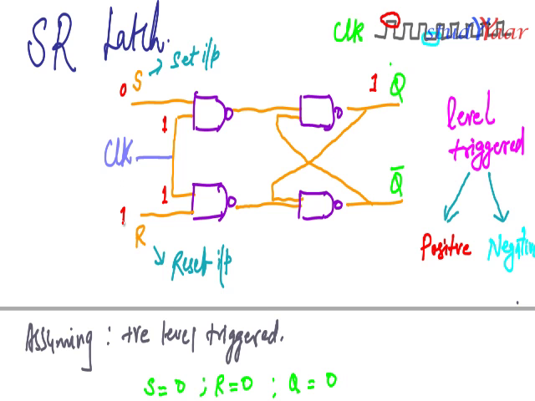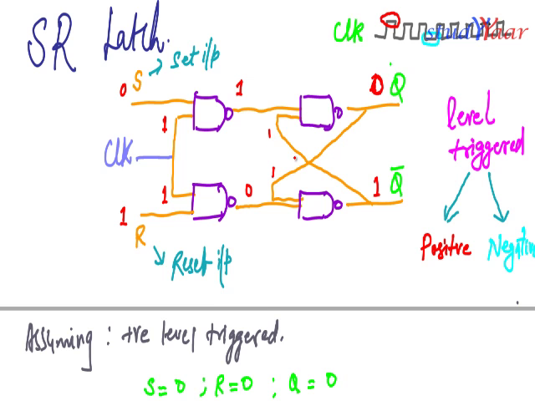My R is 1. Okay, my 1.1, the bar is 0. 0.1, the whole bar is 1. 1 I am getting from here. 0.1, the whole bar is 1 over here. Okay, and 1 I get from here, and 1.1, the whole bar is 0.